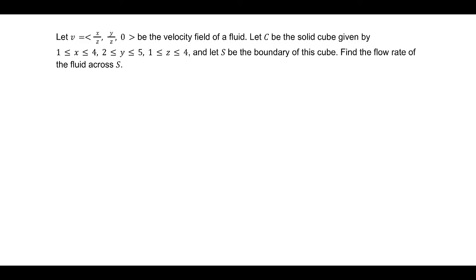Let's apply the divergence theorem. As we find the flow rate of the fluid across S, ultimately we want to find the double integral on the surface S of the vector v dotted with dS.